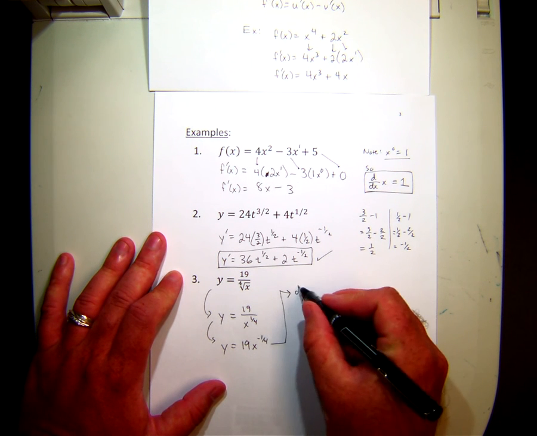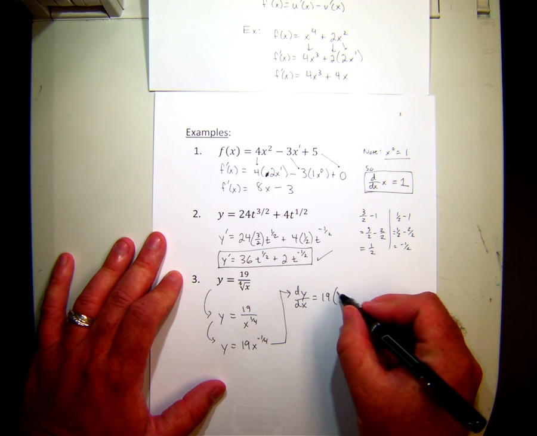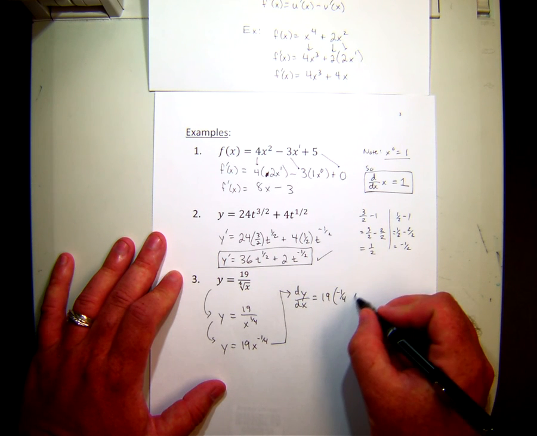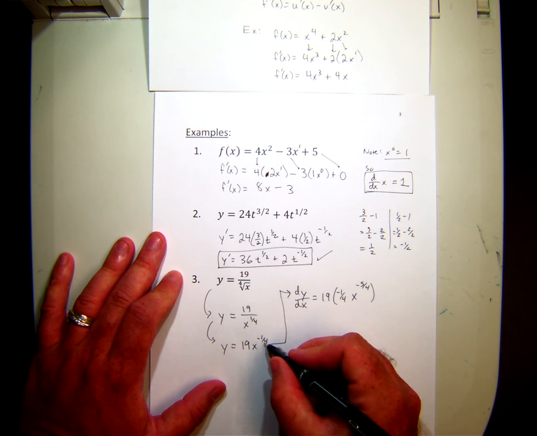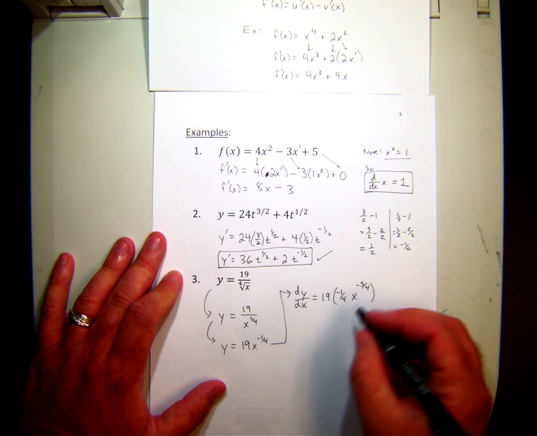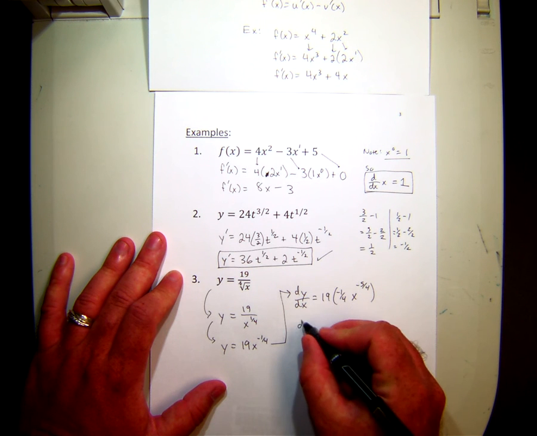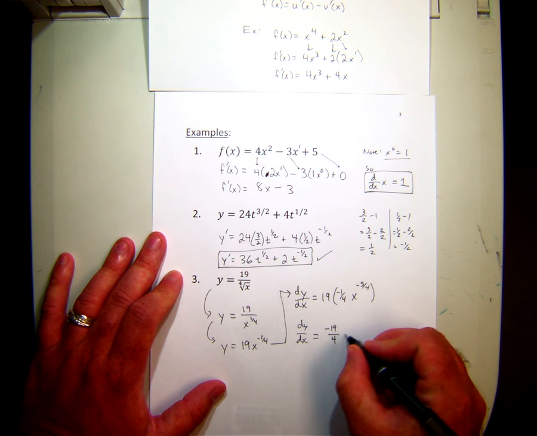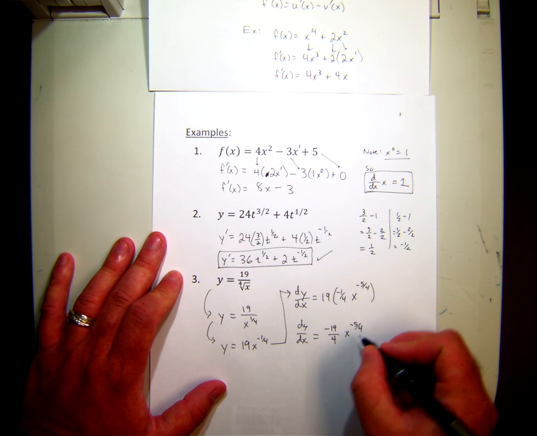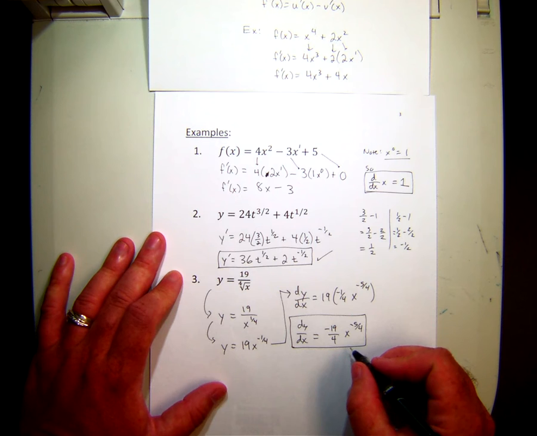And now, I can take the derivative. The 19 stays there. The negative 1/4 comes down. x to the negative 5/4. Remember, I subtracted 1 from the exponent. Negative 1/4 minus 4/4 is negative 5/4. dy/dx is negative 19 over 4, x to the negative 5/4. If it's your math teacher like me asking for a derivative, that's fine.